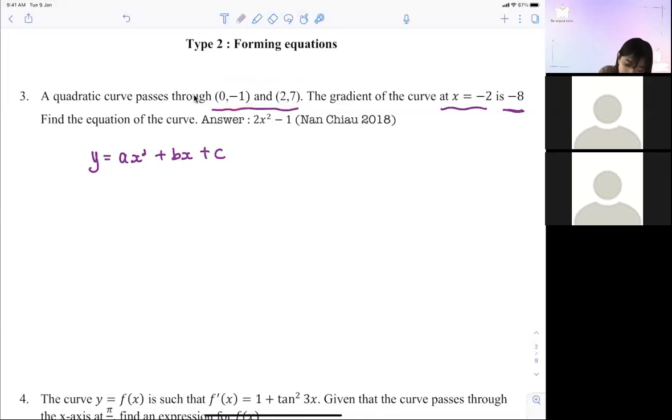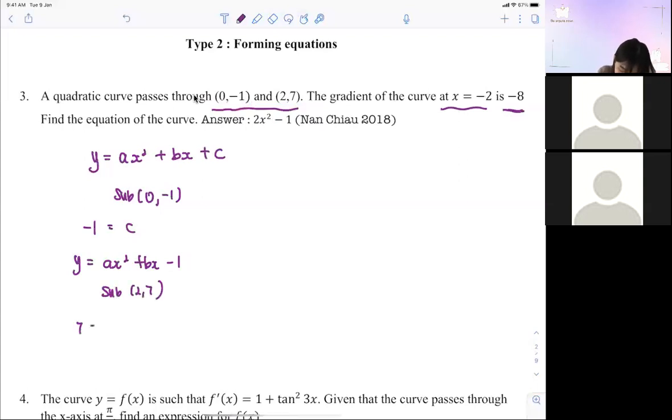Straight away, when you sub in (0, -1), you get c equals minus 1. So y equals ax squared plus bx plus c, that's right, minus 1. Okay, we sub one more time. Sub in (2, 7).